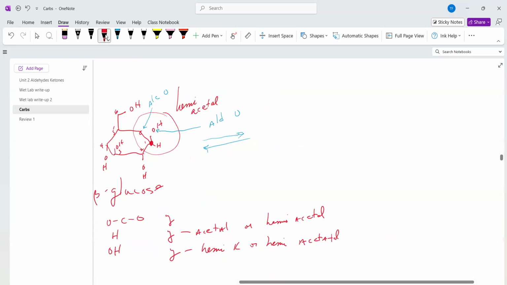Okay, so what does that look like when it opens up? Okay, we're going to make this into an alcohol and this into an aldehyde. There's the alcohol. And here's the aldehyde.